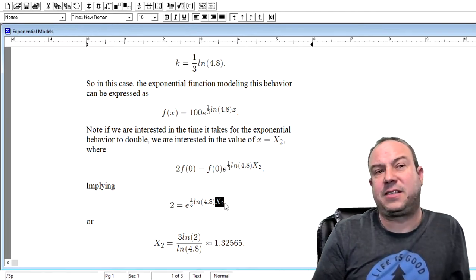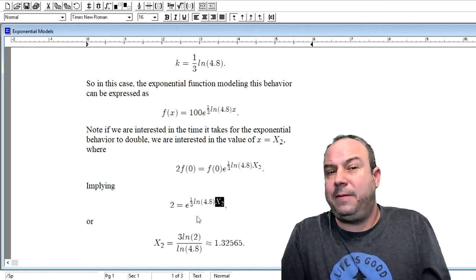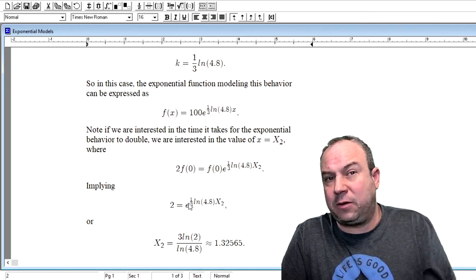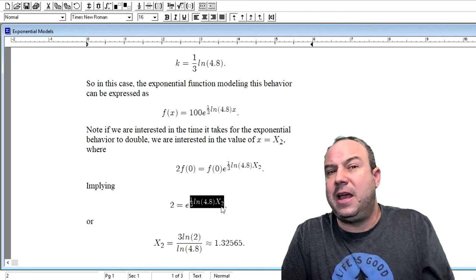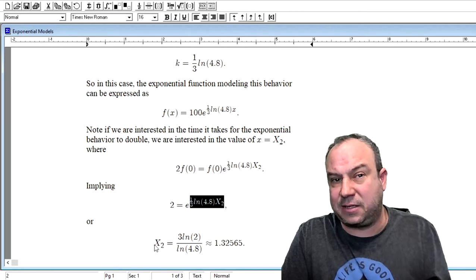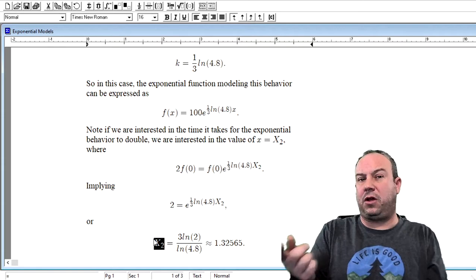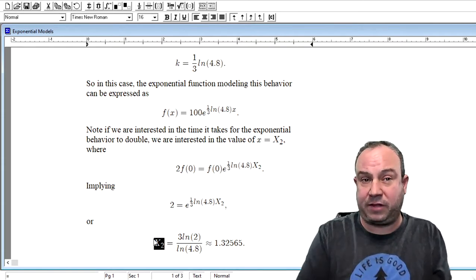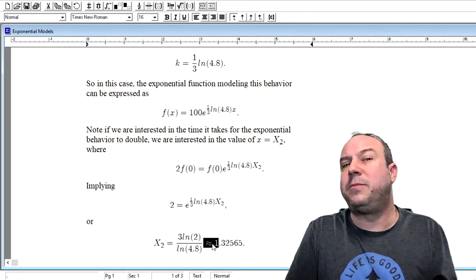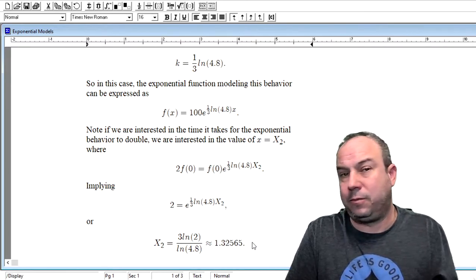To solve for x sub 2, we can apply the ln to both sides. That will give us the ln of 2 equal to this power. Then divide both sides by 1/3 the ln of 4.8, and we will solve for x sub 2. The doubling time, x sub 2, equal to 3 times the ln of 2 over the ln of 4.8, is going to be approximated by 1.32565 in value.